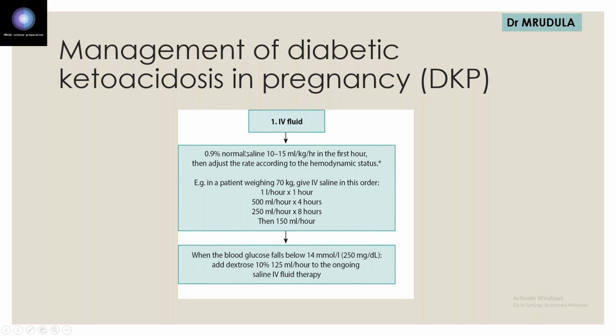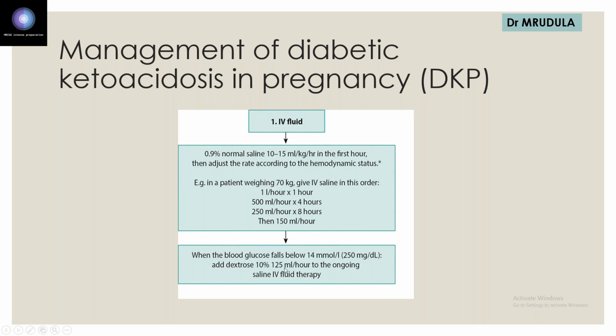Every time you have to halve the rate. First hour 1 liter per hour, then for the next 4 hours you halve it, 500 ml per hour. Again for the next 8 hours you halve it, that is 250 ml per hour, and then the maintenance dose will be 150 ml per hour.